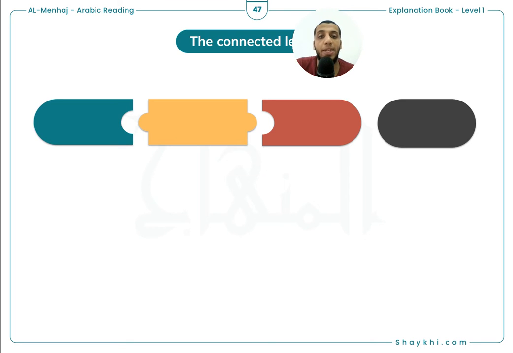So what are the names of these forms? It's so clear. The first one is the isolated form. The second one, which is in the beginning of the word, is called the initial form. The one in the middle of the word is called the medial or middle form. And the last at the end is called the final form.